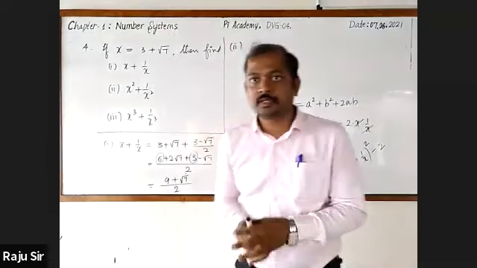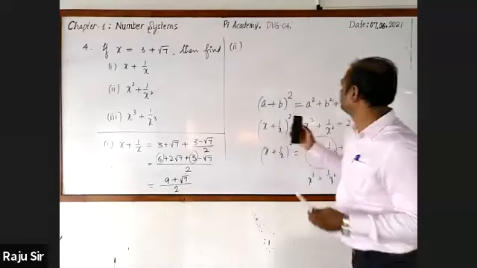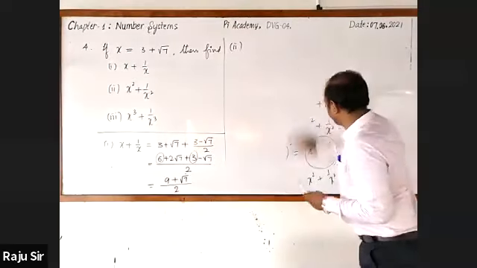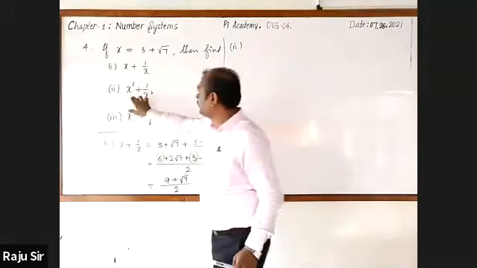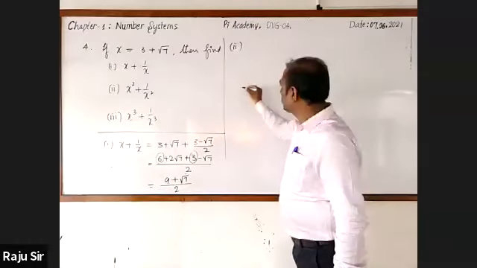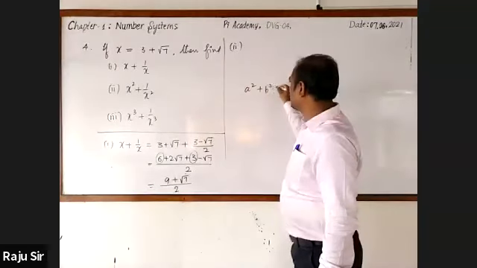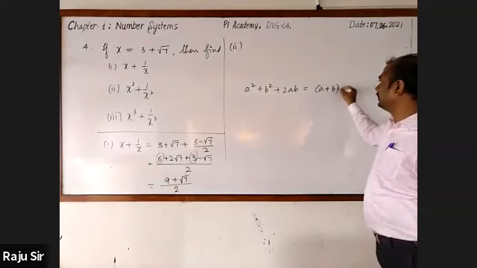Okay, just observe it. We want the value of x square plus 1 by x square. We know the identity a square plus b square plus 2ab is equal to a plus b whole square.